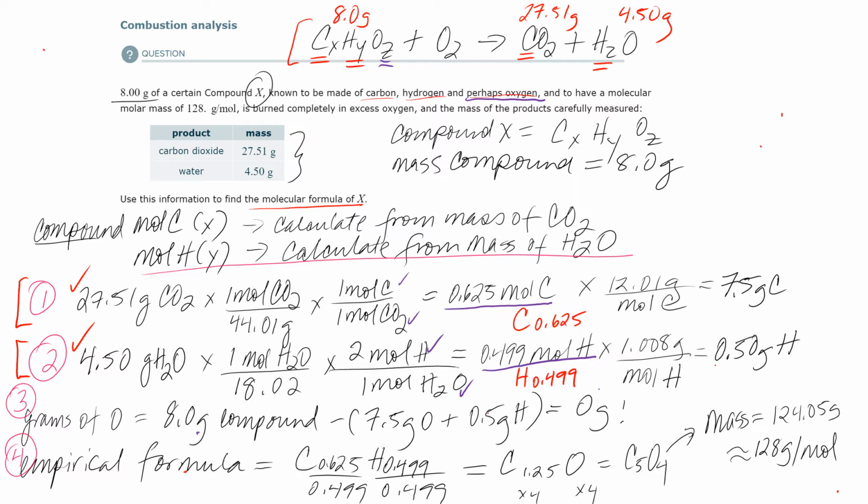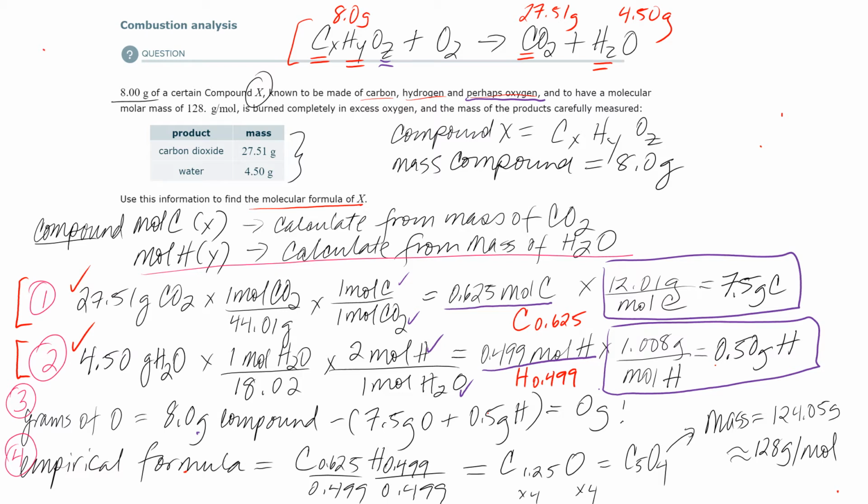So that is found in this part of the problem here. I took the moles of carbon and I multiplied by its molar mass to get 7.5 grams of carbon here. And I did it again for hydrogen down here. So we can safely say that we have 7.5 grams of carbon and 0.5 grams of hydrogen in our unknown compound. Whatever is remaining in our unknown compound must be oxygen.